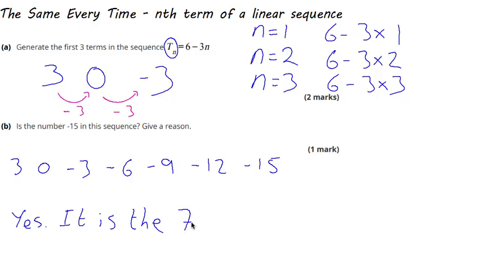It's the 7th term. I might even write T with a little 7 like that. So there we are. The number negative 15 is in that sequence. There's my reasoning that I've extended the sequence, and I get to negative 15 when I'm on the 7th term.